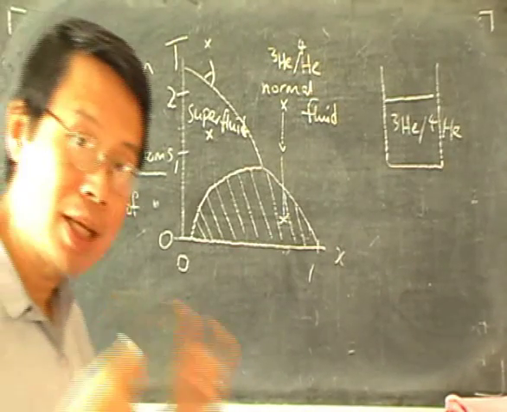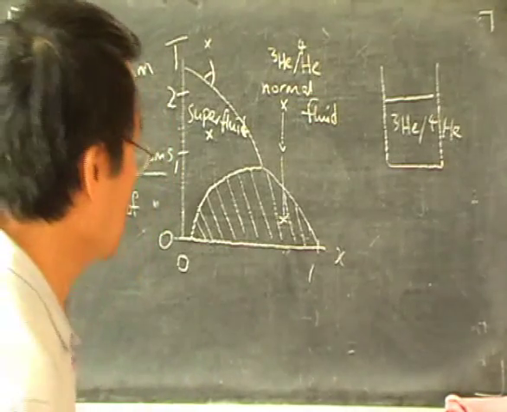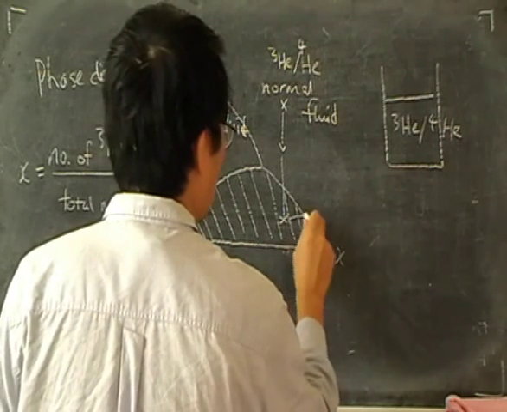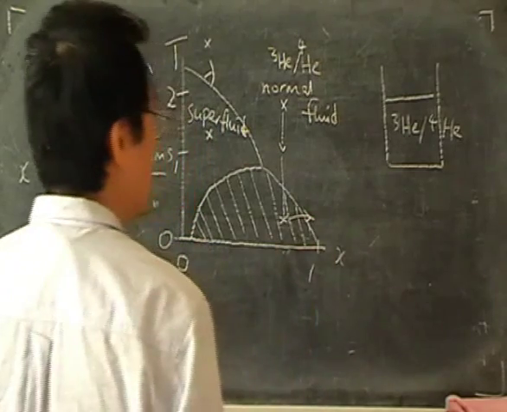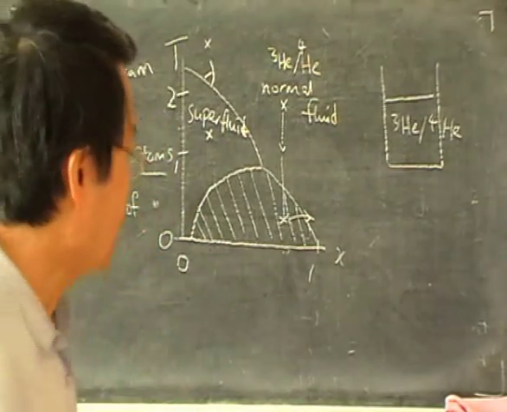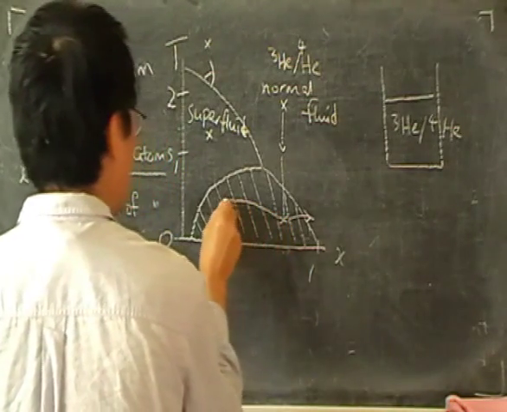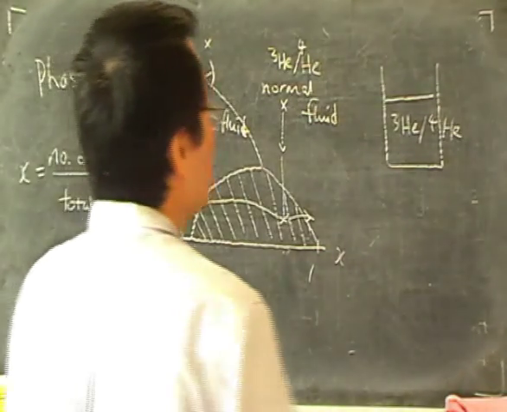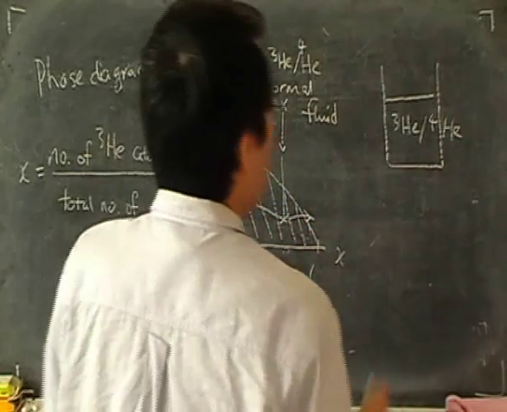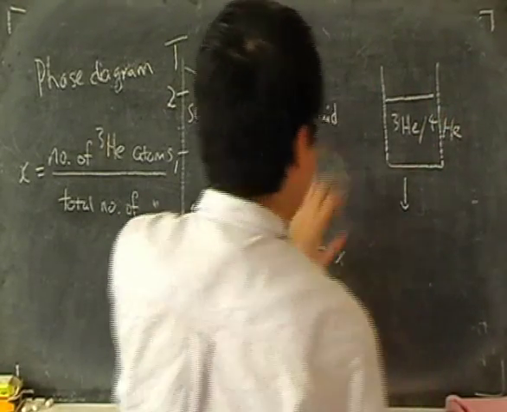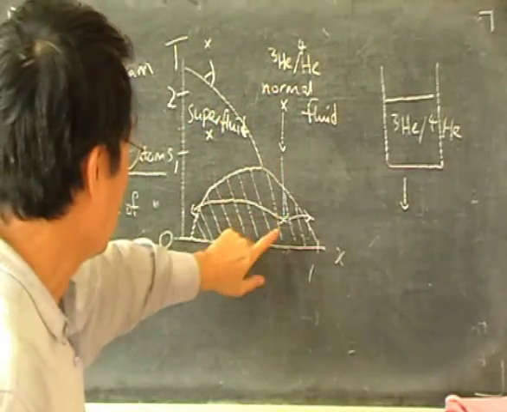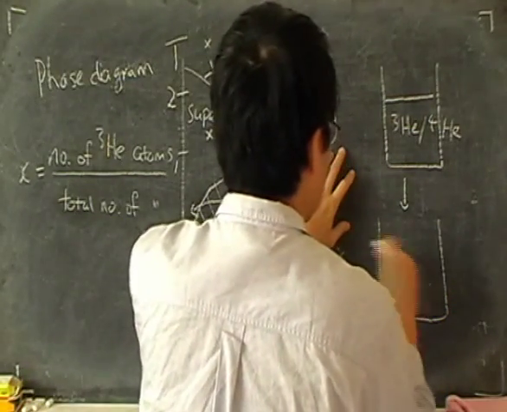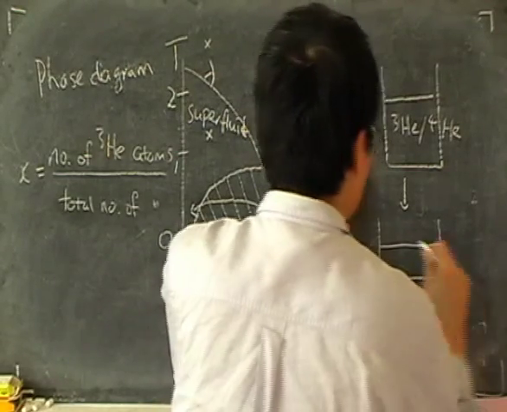And what actually happens at this temperature is that the mixture will separate into two layers. One will get a higher concentration of the X, and then another would end up with a lower concentration. So if you imagine you have this container of the mixture, then when you lower the temperature to around there, you will see the liquid separating into two layers.